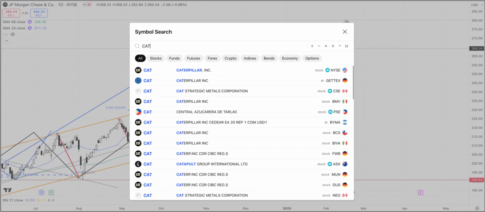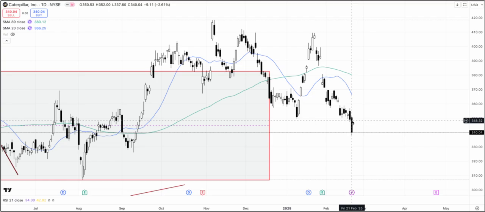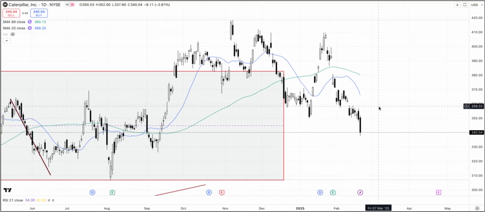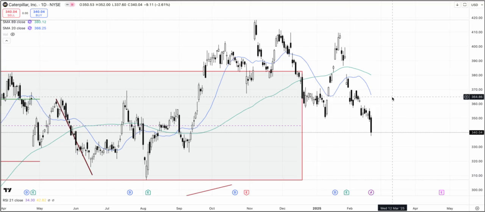And if we take a look at Caterpillar, here you can see it's just been going down for quite some time. Last Friday it lost minus 2.61%, and the day before about minus 1.1%. So really interesting what is going on with the stocks beneath different indices, and I believe there is a rotational aspect taking place in the market itself.